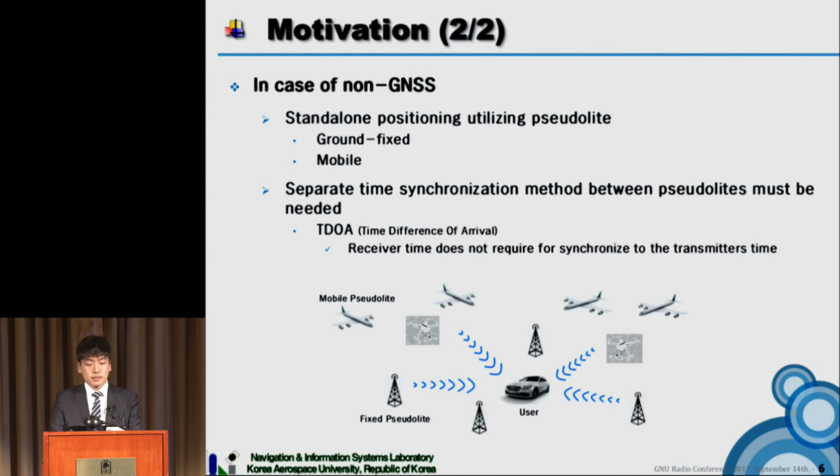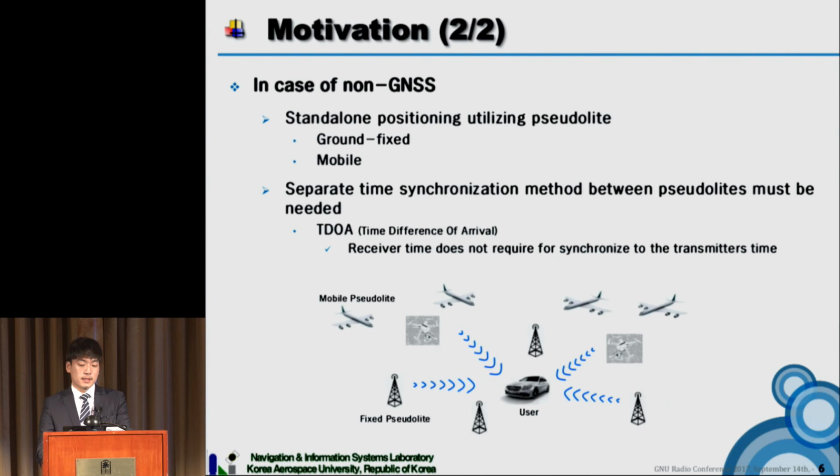However, if the user cannot use the GNSS signal due to jamming, blockage, and other interference environments, the user should estimate their position by using other methods, such as pseudolites or access points.